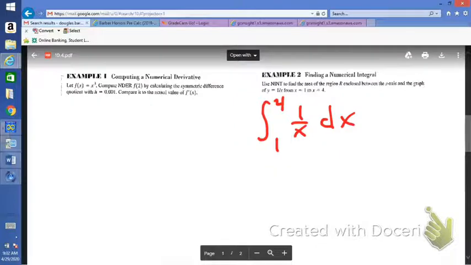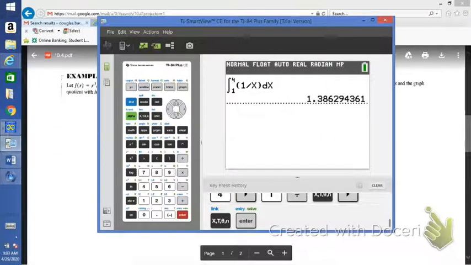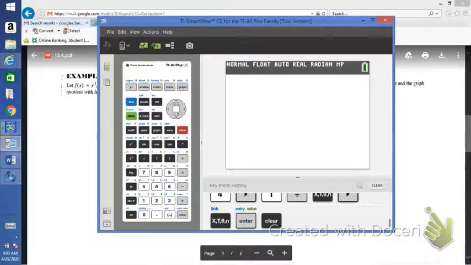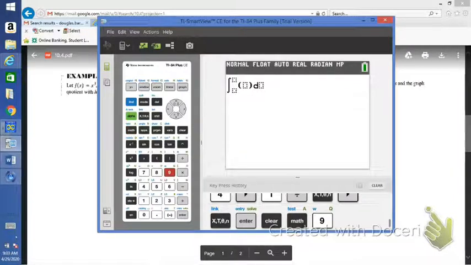On the calculator, you're going to hit the math key. You're going to go all the way down to number 9, F-N-I-N-T. Alright, so it's a little bit different than the 83.